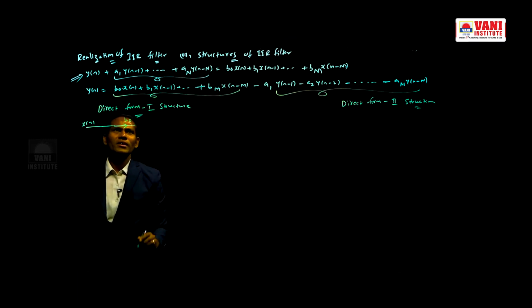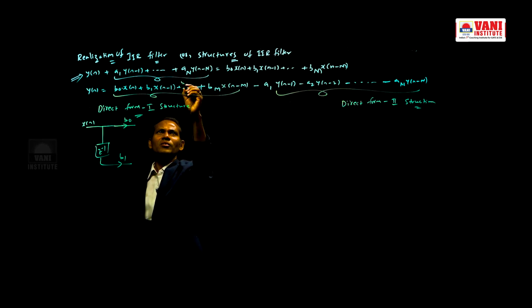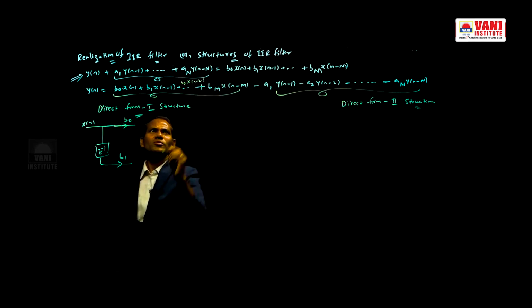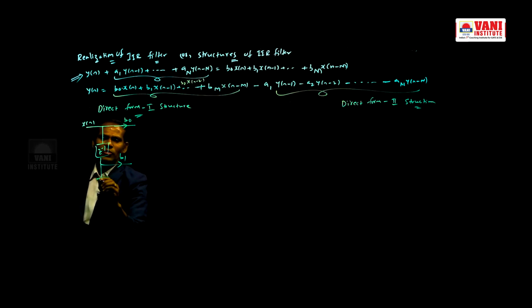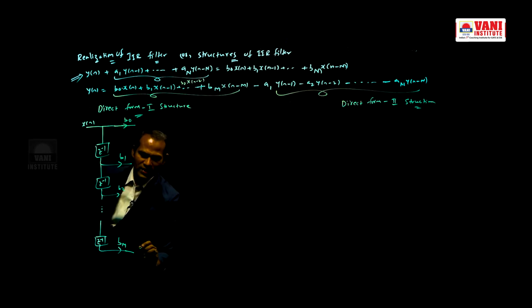Then we need x of n minus 1, so take one delay element and it is multiplied with b1, and next term will be b2 x of n minus 2. So take one more delay element and multiply with b2 and so on. The last one will be bm. Now add all these signals.